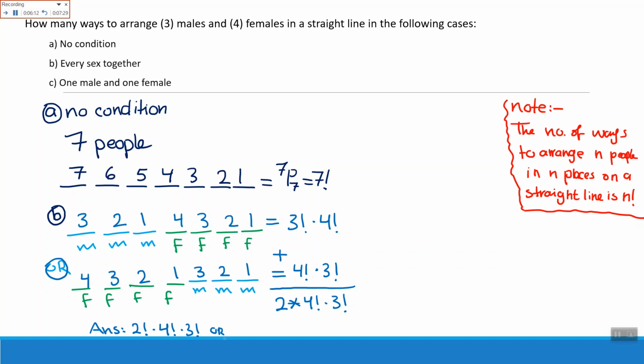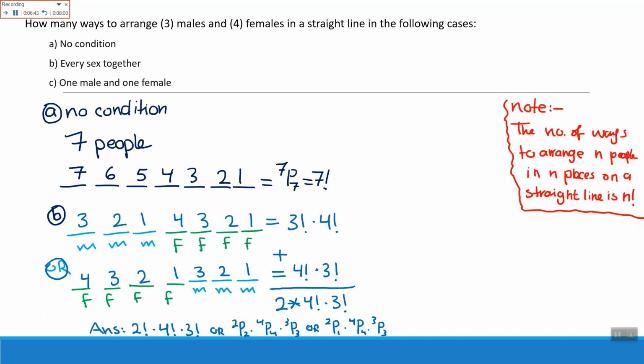Or we can write it as 2 permutation 2 times 4 permutation 4 times 3 permutation 3, which is also correct. Or we can write it as maybe 2 permutation 1, because 2 permutation 1 or 2 permutation 2 is the same thing. This is 2 and this is 2 times 4 permutation 4 times 3 permutation 3.